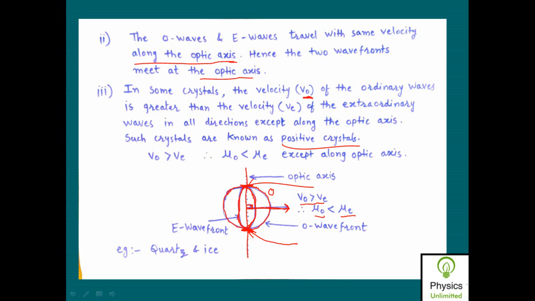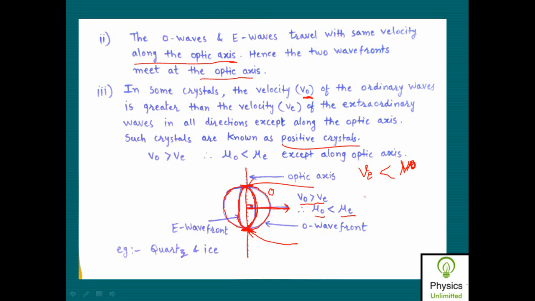Here, as the elliptical wavefront lies inside the spherical wavefront, it means that the velocity of the extraordinary ray is less as compared to the velocity of the ordinary ray, isn't it?